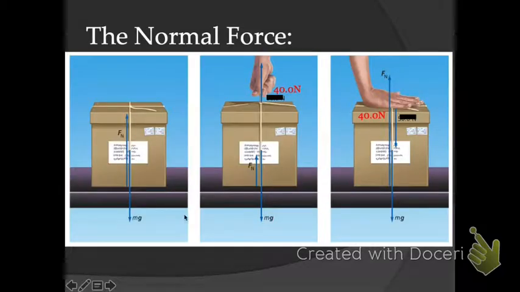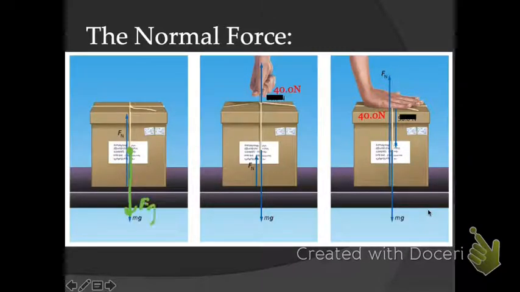Let's take a look at this example here. I'm going to redraw these forces because I don't love the way they have them drawn. But I want to look at the 3 scenarios here, and we're going to solve for the normal force in each of them. Here's my object.